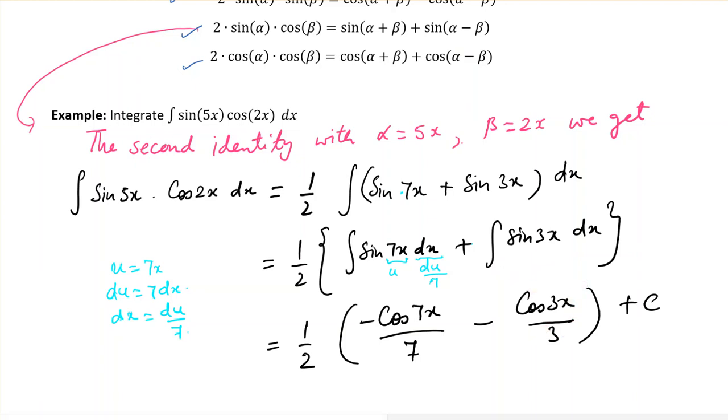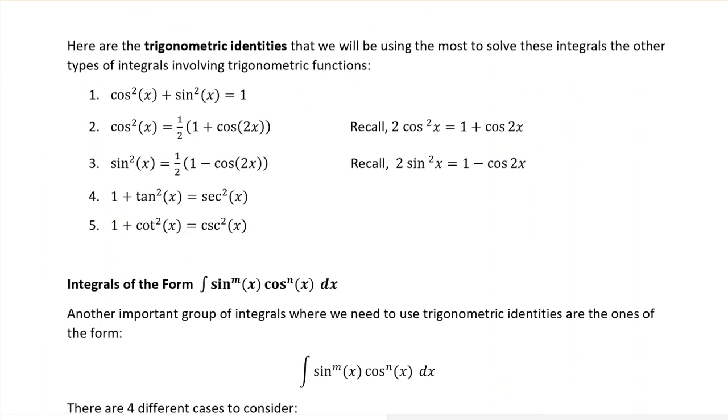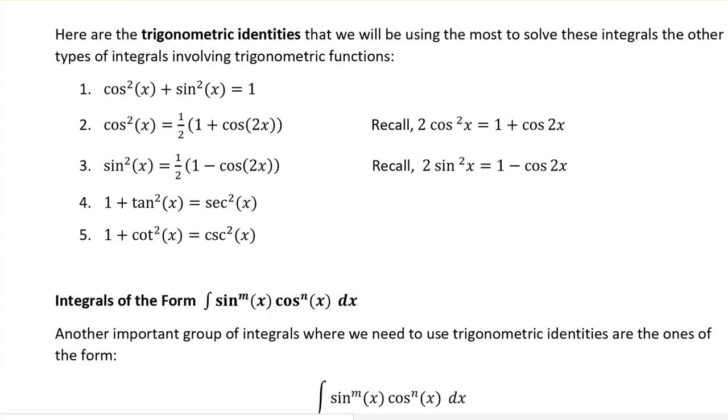So let's move to the second form of integral. So integrals of the form sine raised to power mx times cosine raised to power nx dx. So for these integrals, we're gonna use the identities 1, 2, 3 in the list here. So previously we learned that sine square x plus cosine square x equals 1. And also we learned the double angle formula.